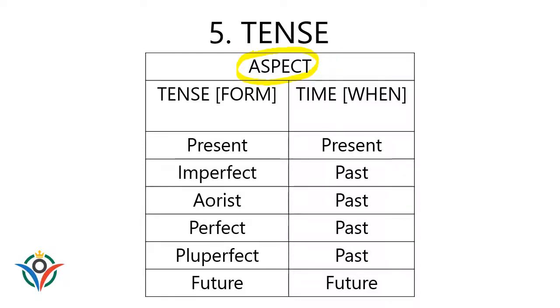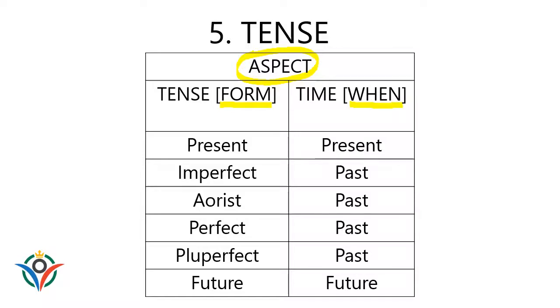When I use the term tense, I am only referring to the form of the verb. And when I use the term time, I am referring to when the action of the verb took place.